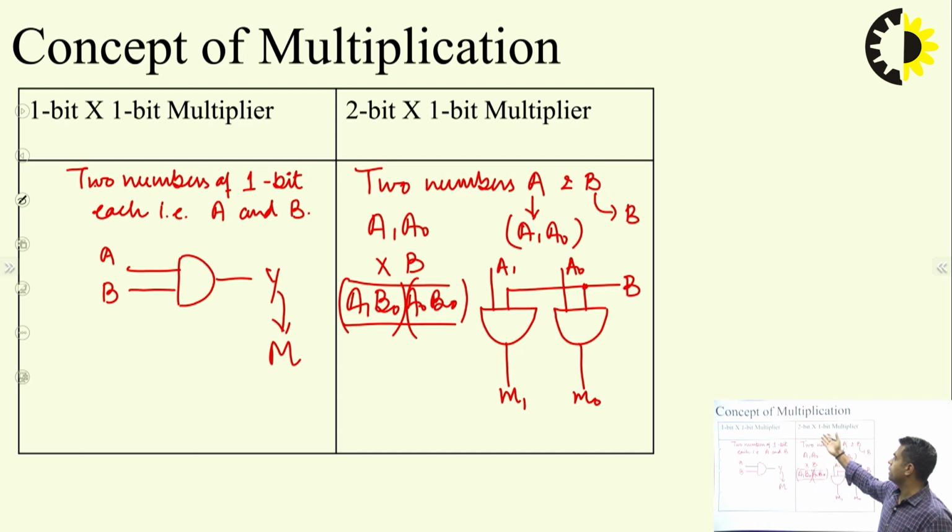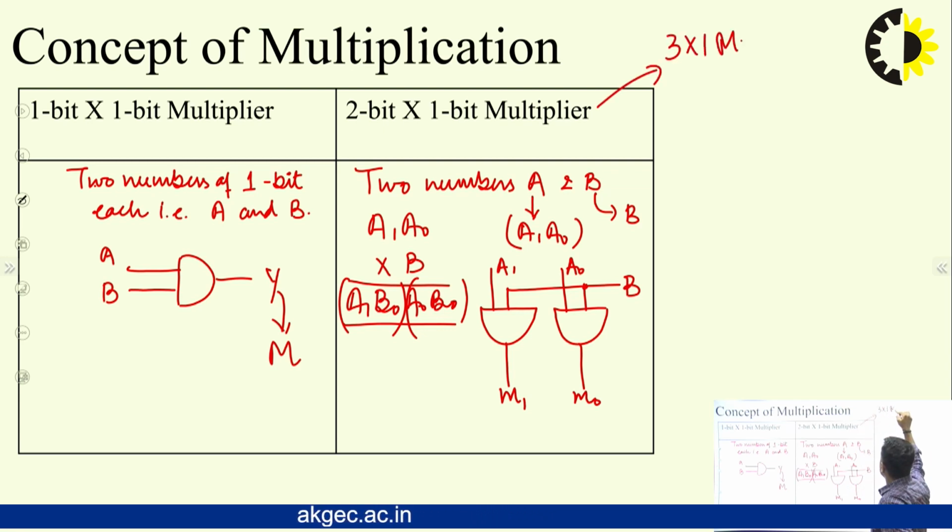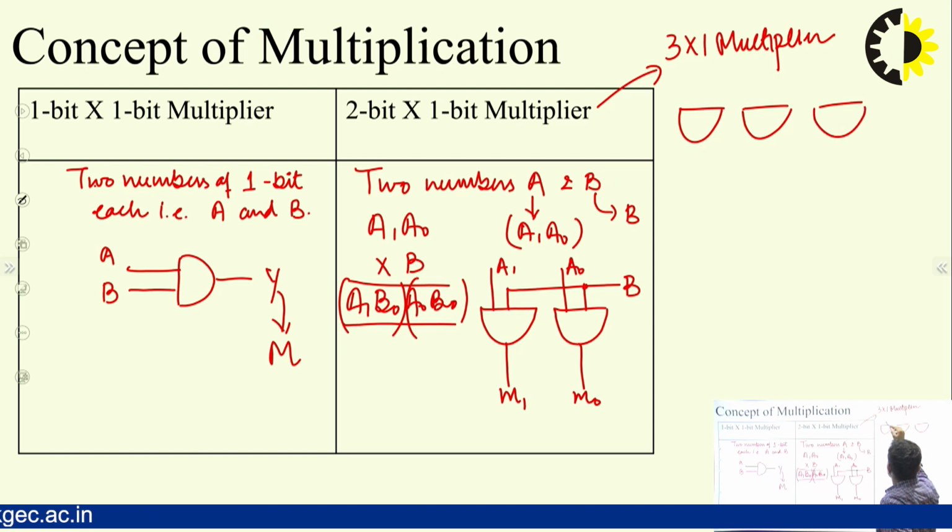Similarly, if you want to design a 3 bit by 1 bit multiplier, there are two numbers: one is of 3 bits, let's suppose A2, A1, A0, and the second is of a single bit, B. Then multiplying A and B will simply require 3 AND gates.